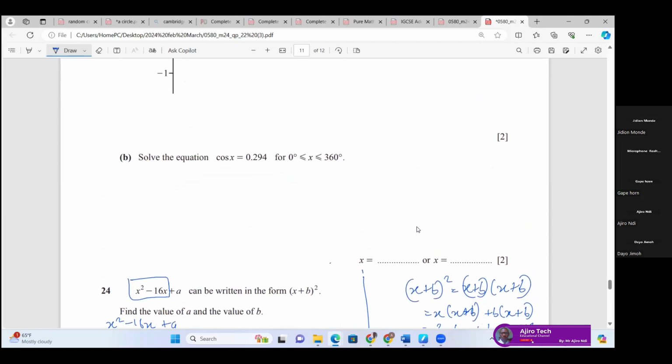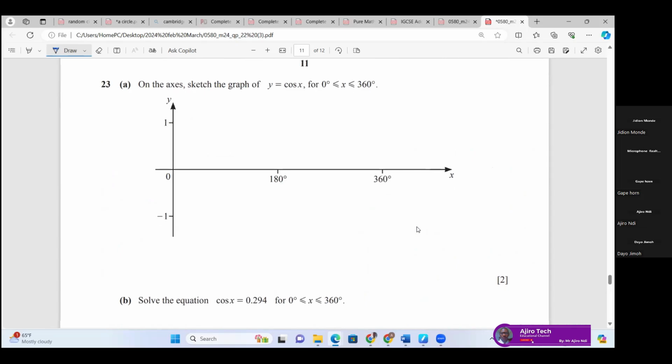Now, this question, let me start from 23, the beginning. On the exercise, sketch cos x. Cos x looks like a bowl. From here, it will curve. Okay, let me do it again. So it's going to curve. This is minus 1. This is 90. I'm going to curve like this, curve this way up here, and curve this way here, okay?